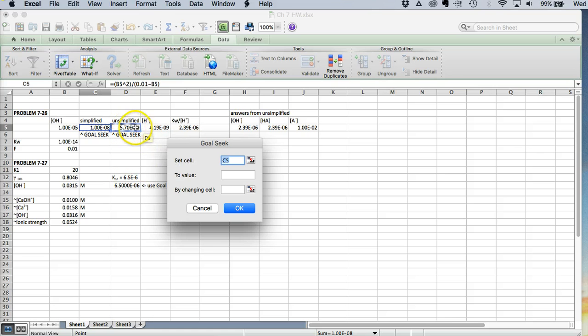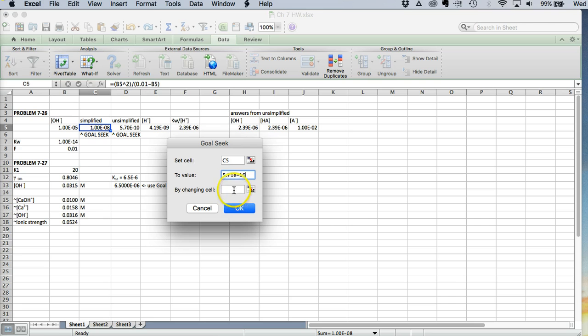Good question. The answer was 5.7 times 10 to the minus 10, so that's probably the Ka or the Kb in that problem. So I'm going to set that to 5.71e-10.